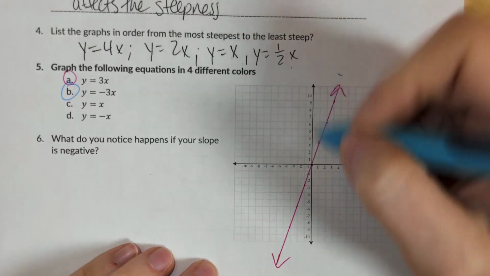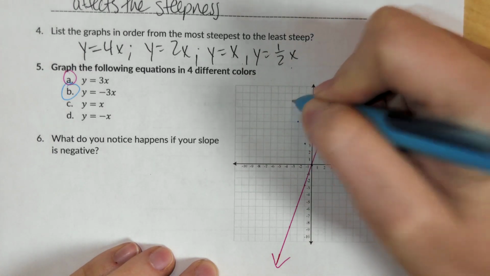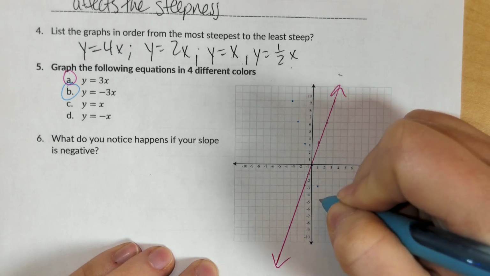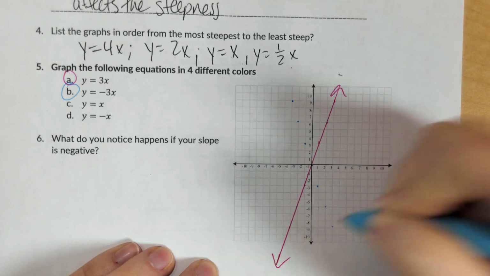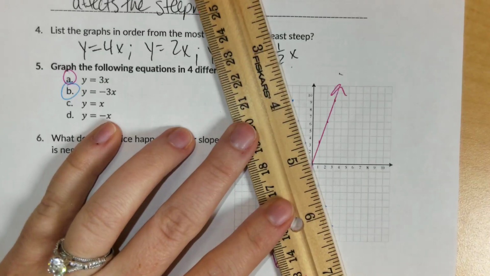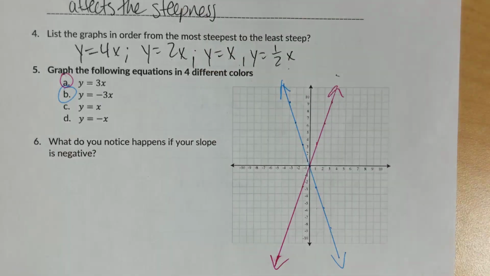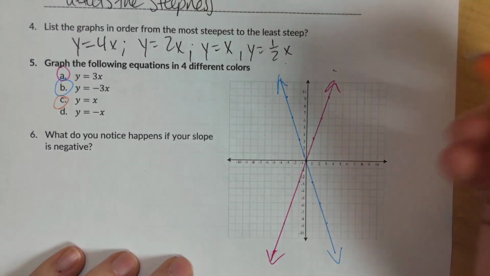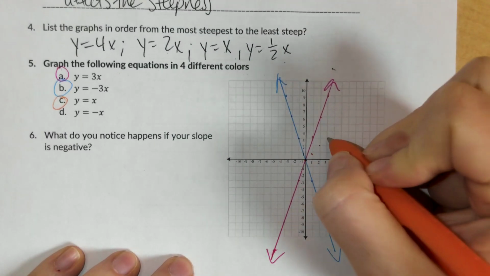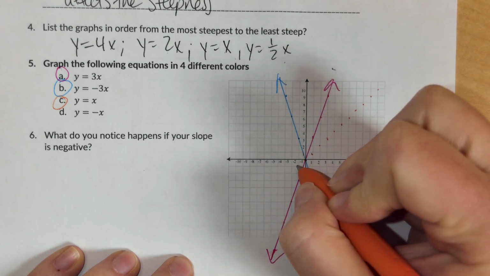So here, same thing, but this time my slope will be going in a different direction. Okay, and I'm going to graph those points as well. Okay, then I'm going to do orange for the third one, which is y equals x. So just remember that goes just like this.